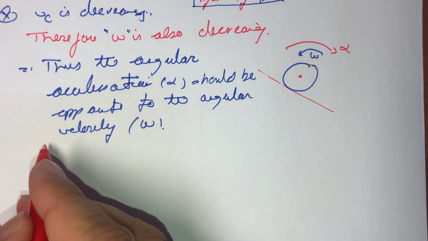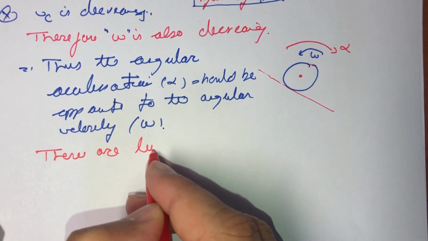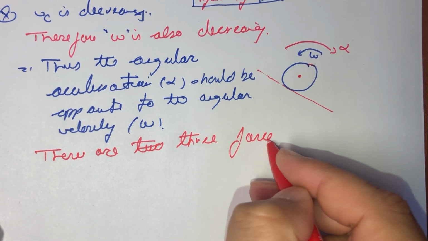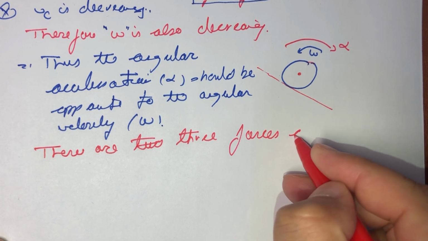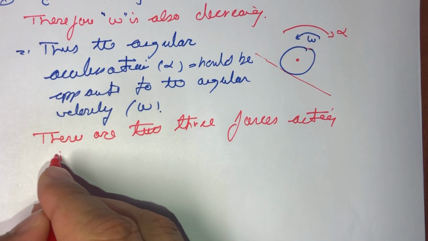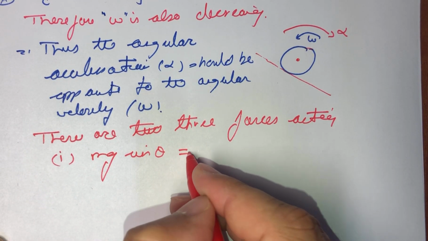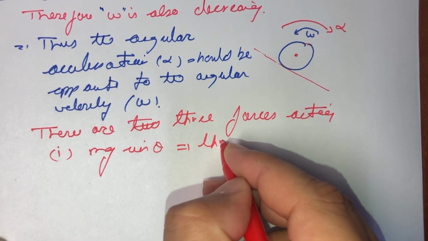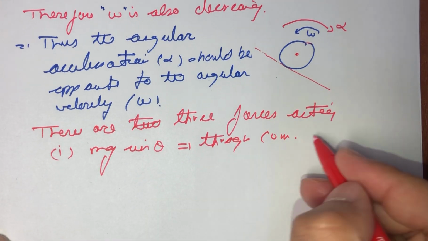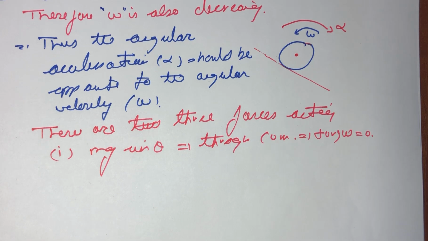From here we can say there are three forces acting. First is mg sine theta, which is through the center of mass, so its torque will be equal to 0.